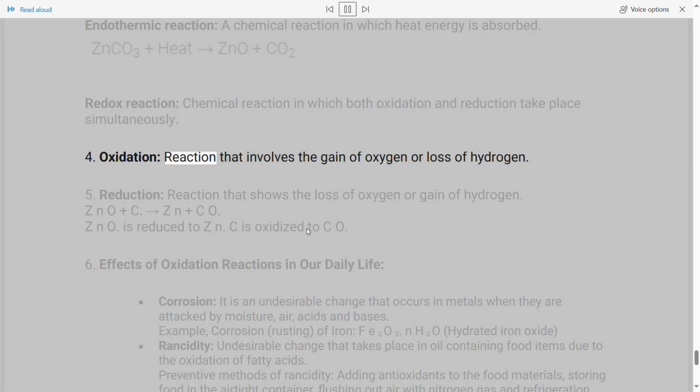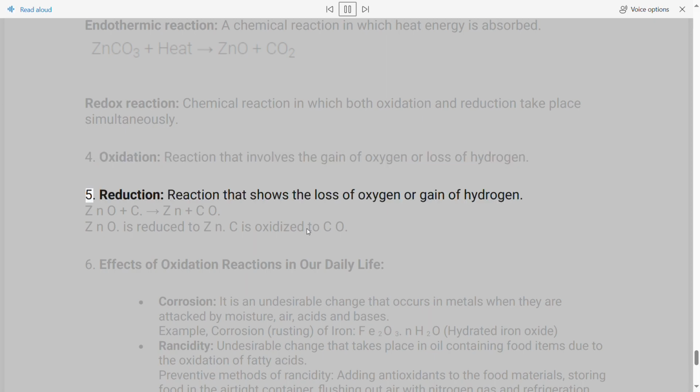Oxidation: reaction that involves the gain of oxygen or loss of hydrogen. 5. Reduction: reaction that shows the loss of oxygen or gain of hydrogen. ZnO plus C gives Zn plus CO. ZnO is reduced to Zn, C is oxidized to CO.